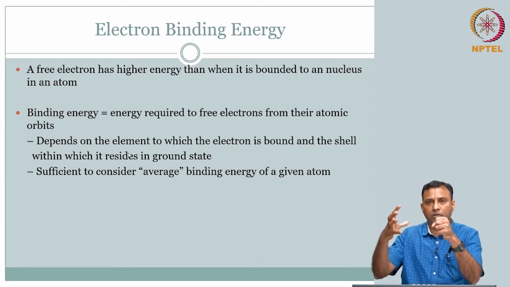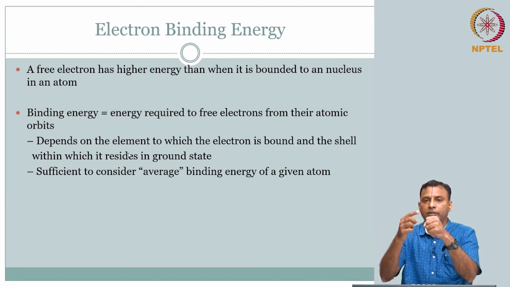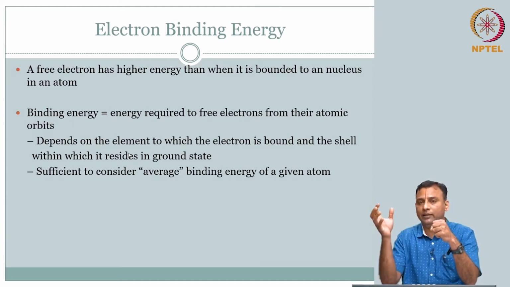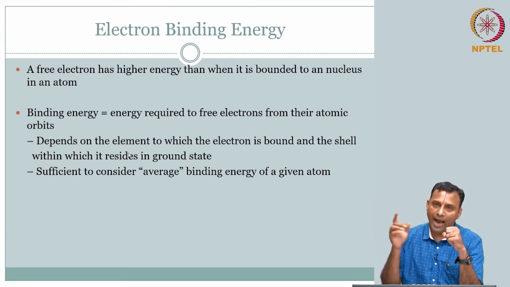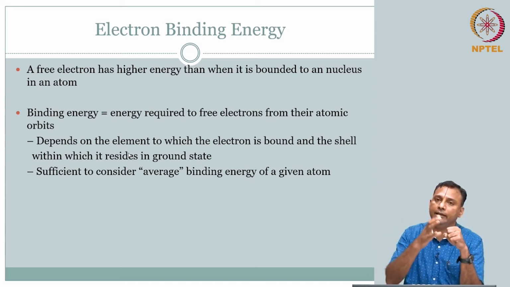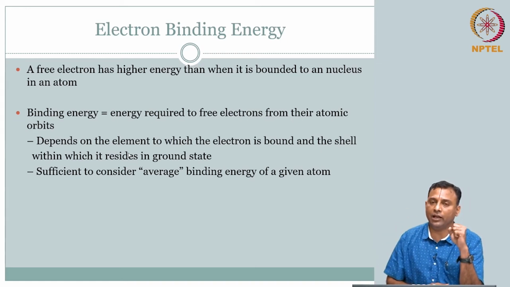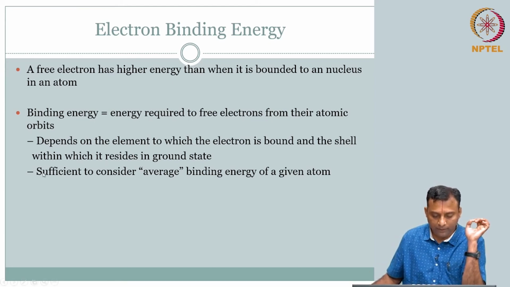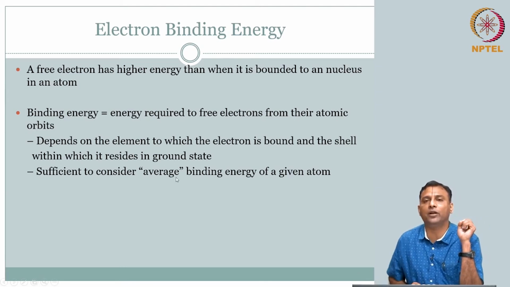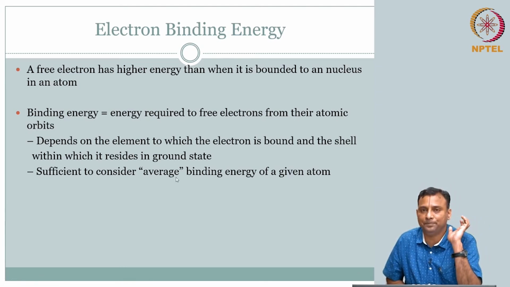So the electrons in the K shell, for example, are going to be more attracted, and you need to spend more energy to release that. It also depends on the shell number. So the atom and the shell number of the electron both have a role to play in determining the binding energy. For our purpose, we will say on average what the binding energy is for a given atom.